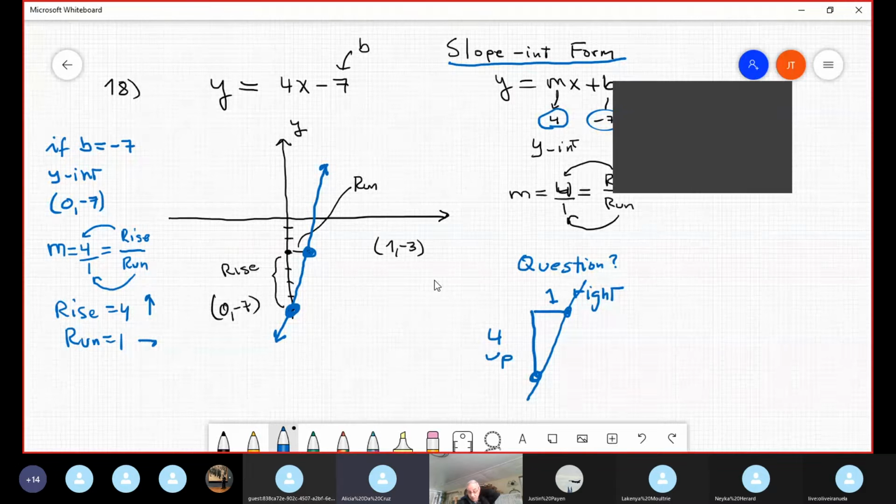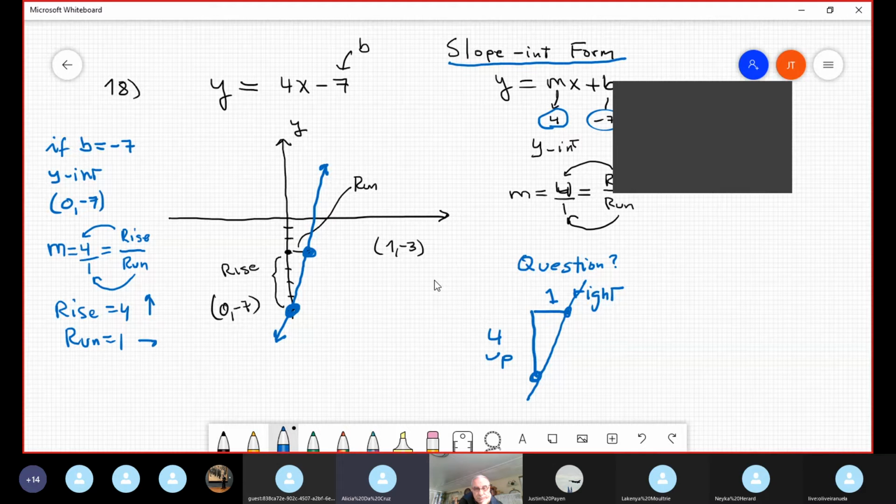I have a question. Please, go ahead. What if it asks you, because I needed help with this question and I wasn't sure what formula to use or how to do it. It said graph the line with the slope of -6 and a y-intercept 9. How do I do that? Another example? You email me and I discuss it.